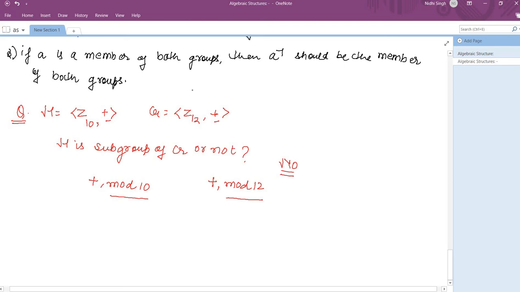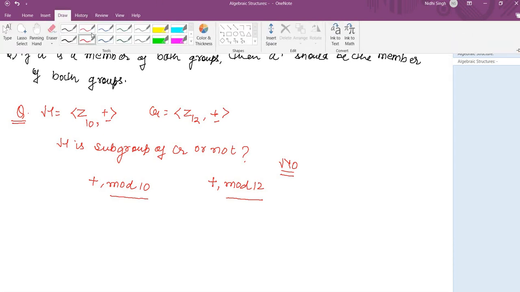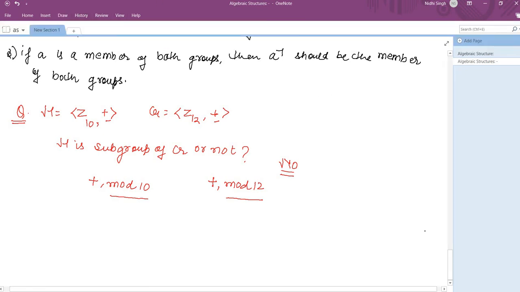Now the other topic is called cyclic subgroups. So what is subgroup? We already know about that. Now the time for understanding the cyclic subgroup.